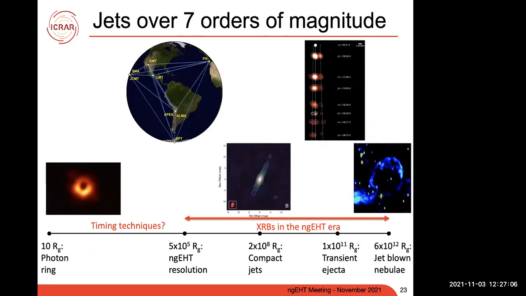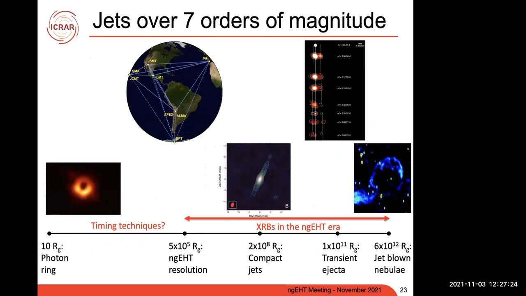So I'll just finish up by pointing out that the addition of the ngEHT to the suite of facilities that we use to study these jets can extend our coverage over 7 orders of magnitude in angular scale.